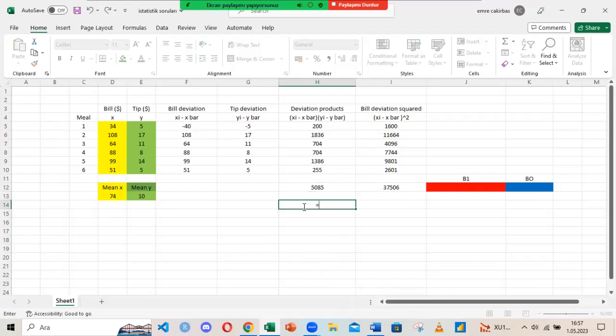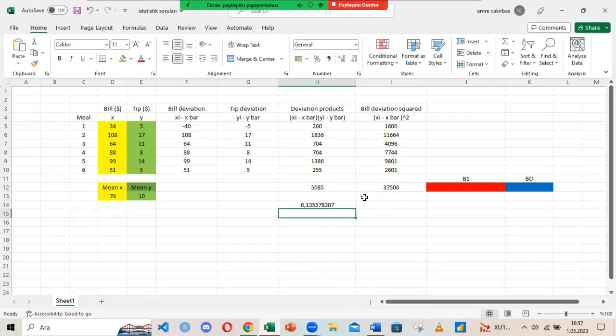And I will do the division operation over this. When I do this, I will get the b sub 1 value.